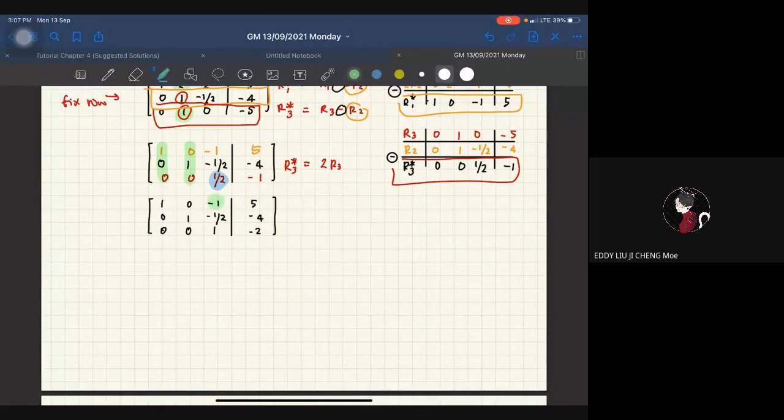Okay, so sekarang kita nak tukar this one pula. So we want to have this one equals to 0. Nak jadikan dia kosong. Okay, so for the first row, apa awak boleh buat? For the first row, what will you get?